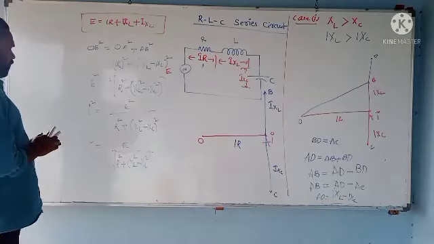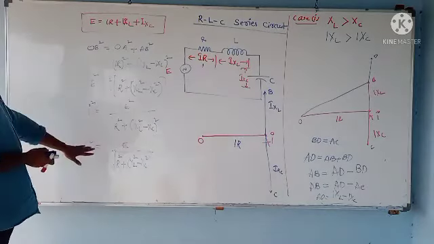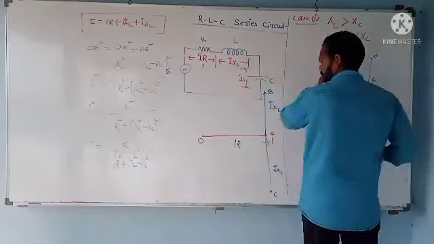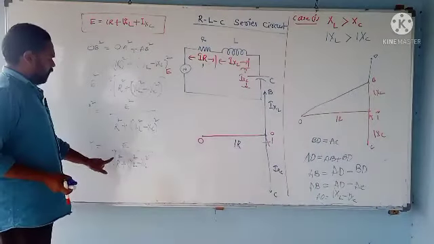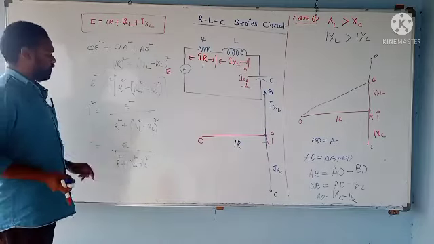So I am assuming that this XL term is higher than the XC term. This is the analysis. I is equal to E upon root of R square plus XL minus XC square.